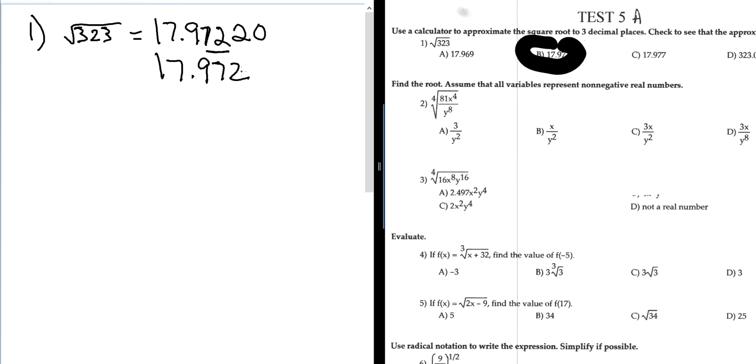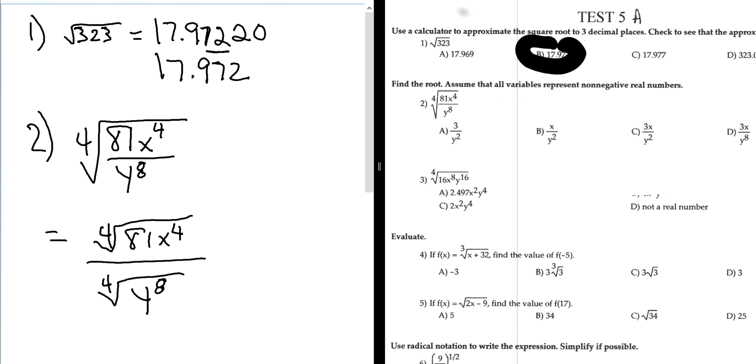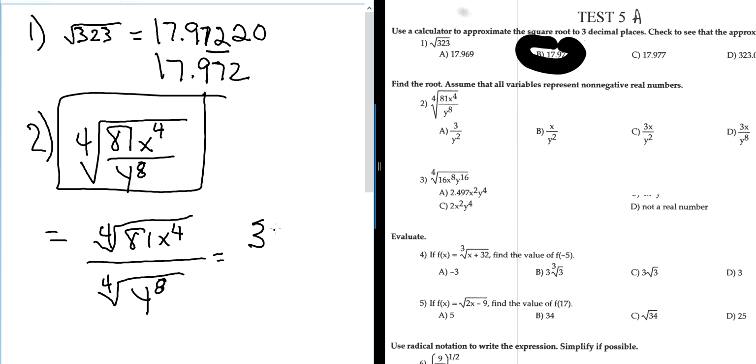Okay, number 2 is next. Number 2 starts us off in this form. I broke it up into 2 separate radicals, and the top one would simplify to be 3x, that's on the outside, right?